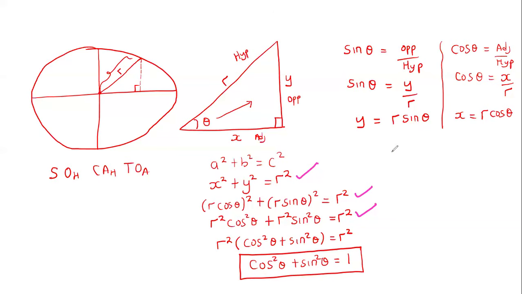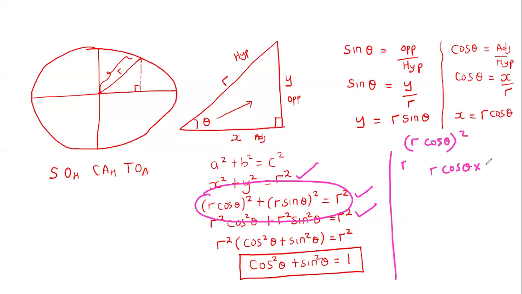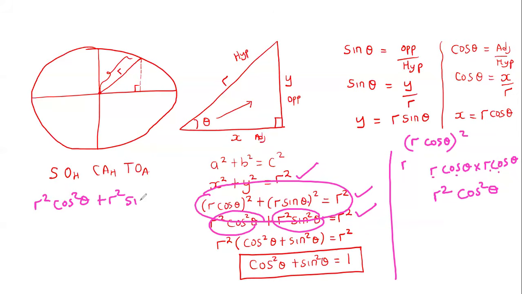From this point here, we say that once you square r cos theta, it means you are going to have r cos theta times r cos theta. But r times r is r squared. Cos theta times cos theta is cos squared theta. So that's how we get this part here. The same thing will happen on r sine theta. But at the end of the day, r squared cos squared theta plus r squared sine squared theta is equal to the r squared we have this side.